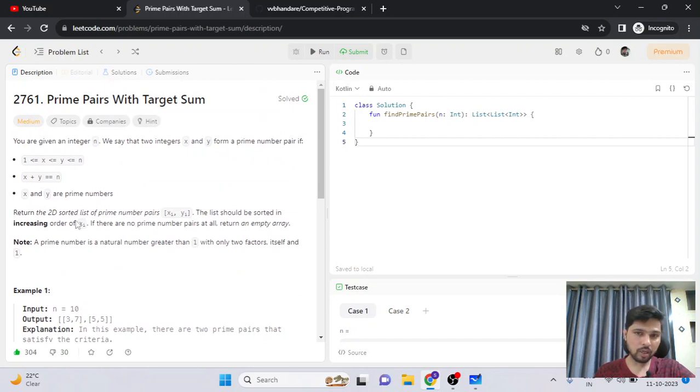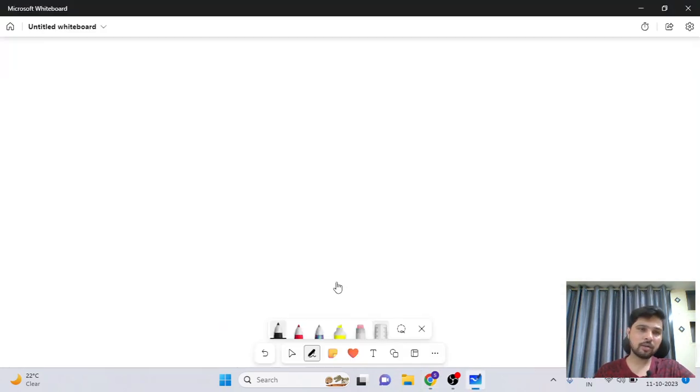So in order to solve this, there are a few observations you can always keep in mind. Whenever you are asked to find prime numbers, always think about one of the famous algorithms, that is the Sieve of Eratosthenes.